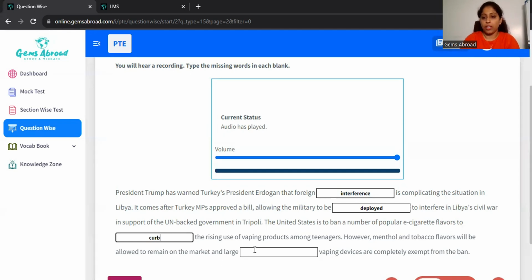Curb. Again, allowed to remain on the market, and large vaping devices are completely exempt. Refillable. Okay, different spellings: deployed, curb, refillable.